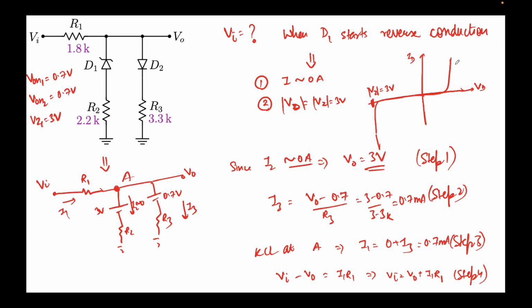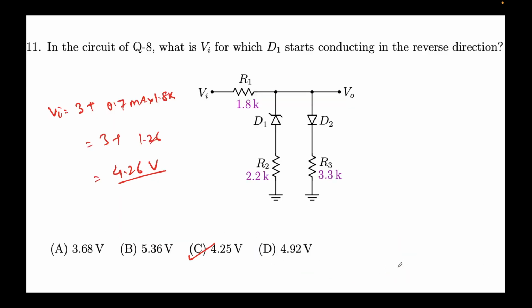When D1 starts conducting in the reverse direction, this means that it has just turned on, so there will be no current flowing through here. We obtained the value of V0, then corresponding to that we found I3 and then I1, and finally we applied Ohm's law and simply obtained the value of Vi. So 4.25 or 4.26 volts is what we have obtained.